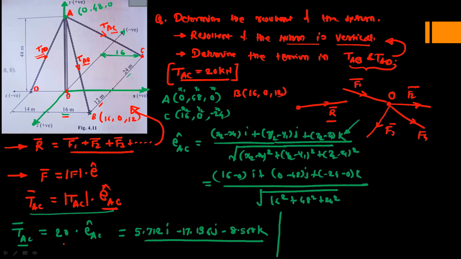Then for the point D, it is on the x-axis, so its z coordinate is 0. The point D is also in the xz plane, so its y coordinate is 0. It has only the x coordinate, on the negative side, which is 14. So for the point D, we have minus 14, 0 and 0.